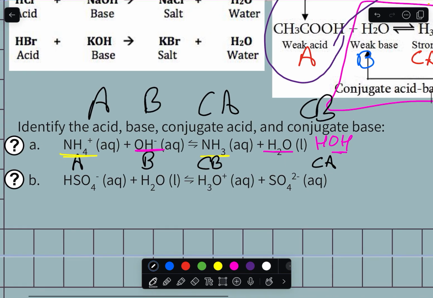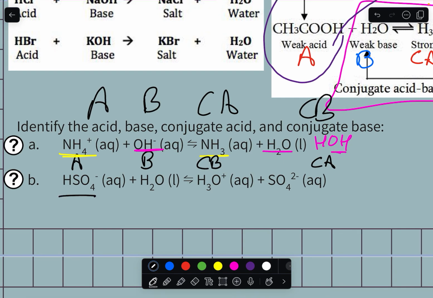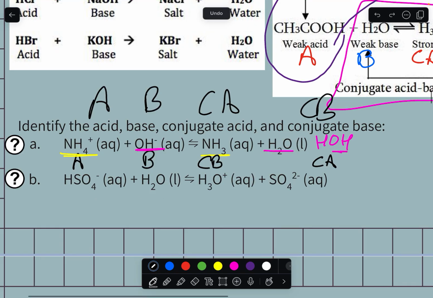Okay. For the second example, we have HSO4 minus and H2O. This one's a little weird because HSO4 minus can lose that hydrogen or it can gain a second hydrogen. H2O can lose a hydrogen or it can gain another hydrogen to make H3O+. Okay. So these can both go either way. So what we're going to do is look at how it compares to its conjugate and then see what's happening there.